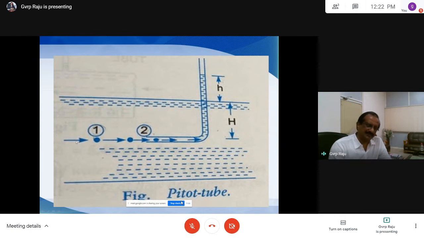Now what happens here? The water is coming with velocity V1. As we reduce the velocity to 0, there is an increase in pressure. This increase in pressure can be measured with the help of a pitot tube, which is the basis for finding out the velocity.